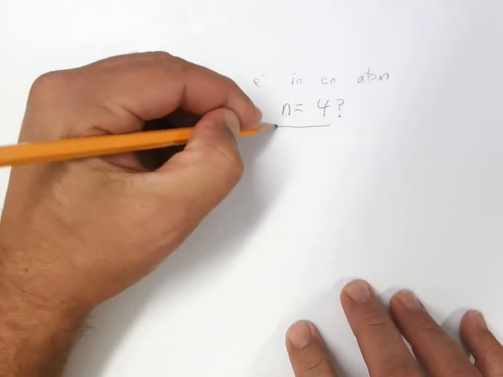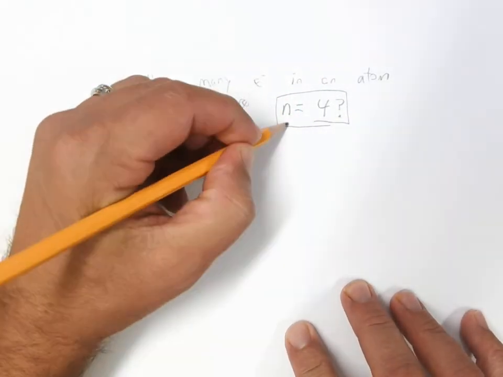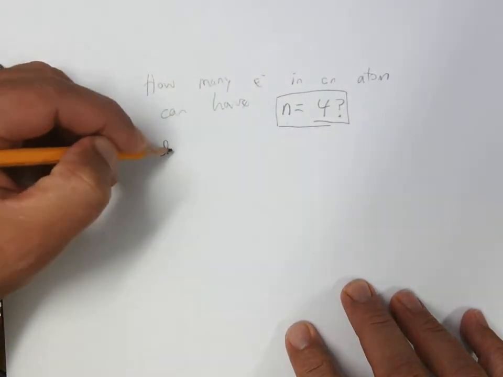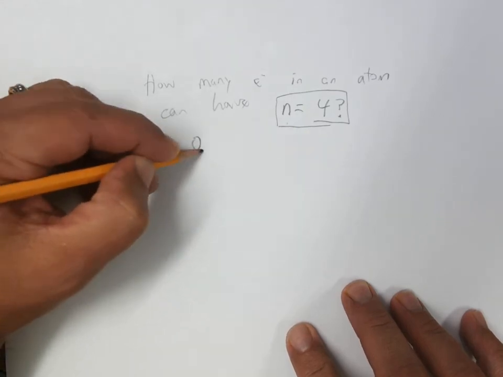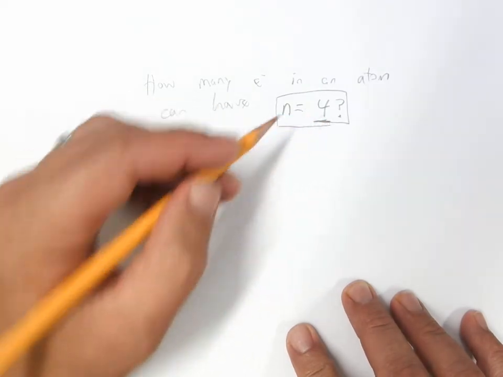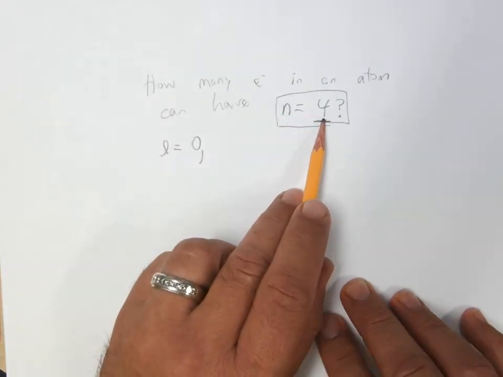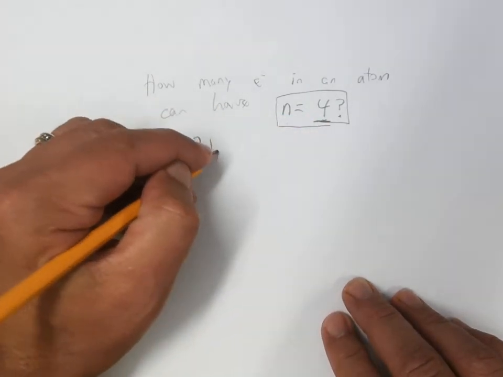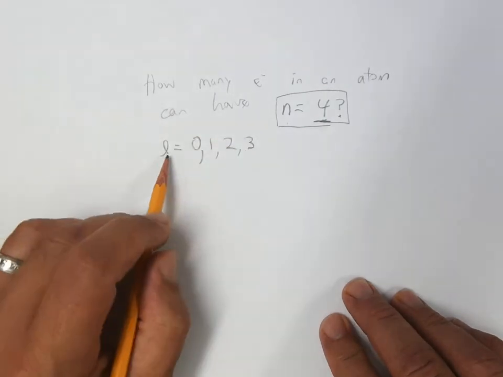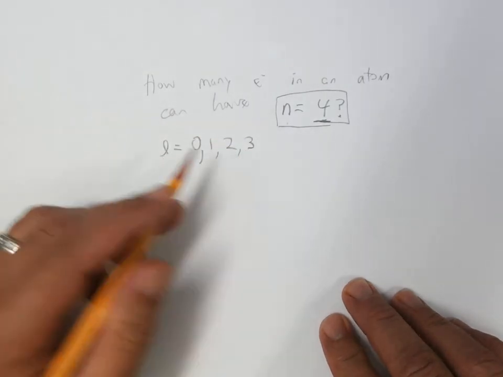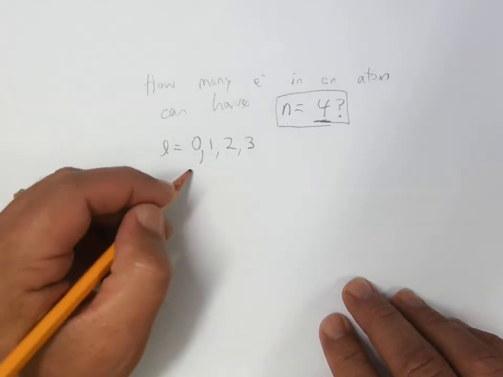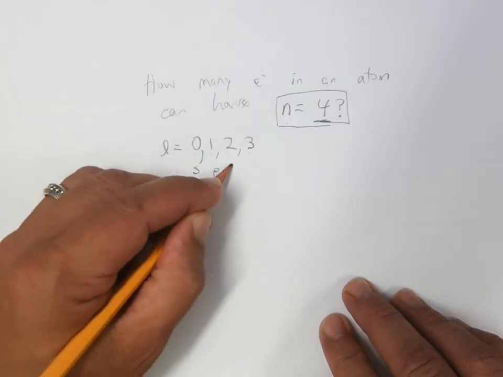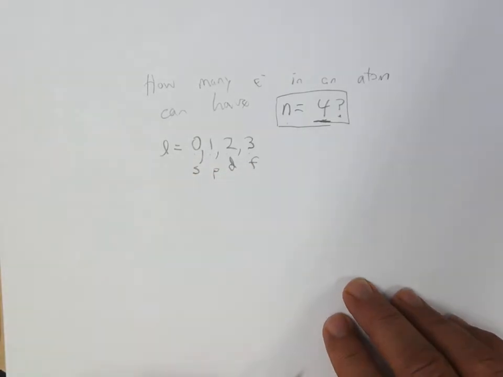If you have the 4th energy level, you're going to want to know which sublevels exist. So you're going to count from L equals 0 up to L equals n minus 1. If n is 4, L is 3. So we have L is 0, 1, 2, or 3, and for the L values, each number has a letter designation, S, P, D, or F.